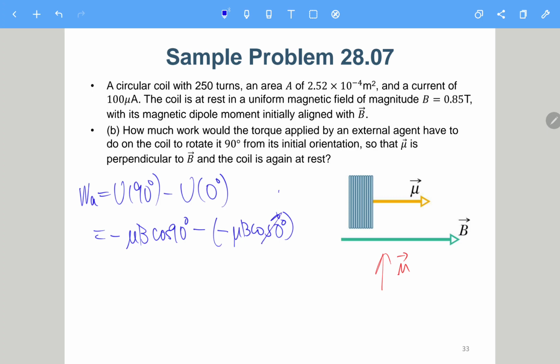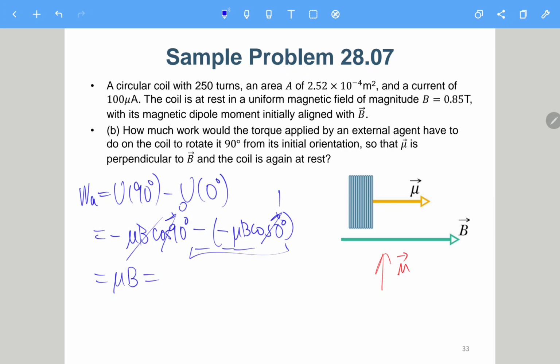Cosine of 0 degrees is 1 and cosine of 90 degrees is 0, so that whole term vanishes. Only the remaining term is left, so this is nothing but mu B.